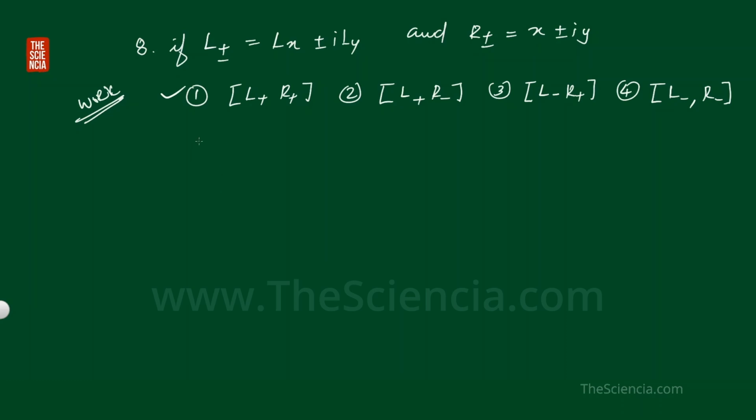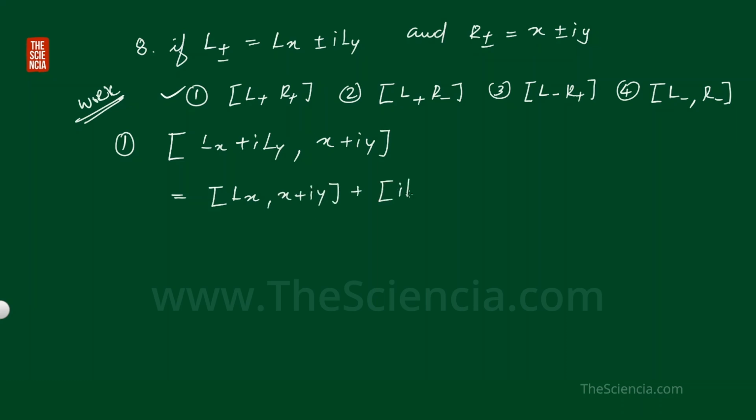What is the first one? That is [L plus, R plus]. What is L plus? That is Lx plus i Ly, comma. What is R plus? That is x plus iy. So we can expand this as [Lx, x plus iy] plus i[Ly, x plus iy].